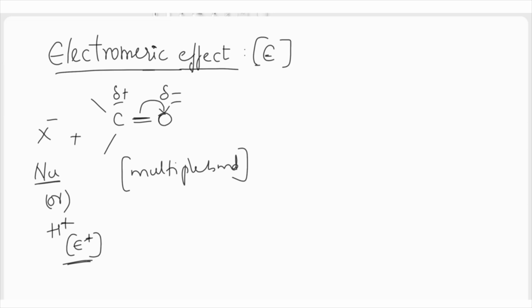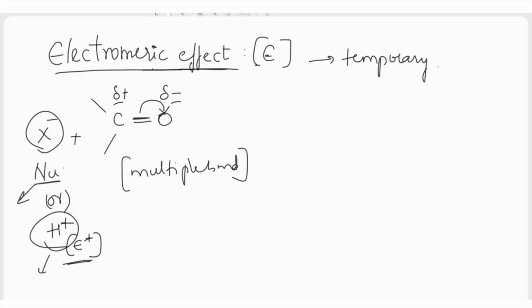Such an effect is called the electromeric effect. It is considered a temporary effect because it disappears when we remove the attacking agent. If there is no nucleophile or electrophile, the electromeric effect is absent.